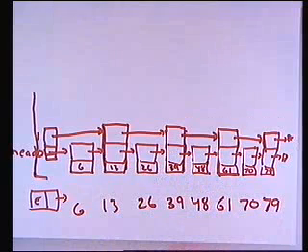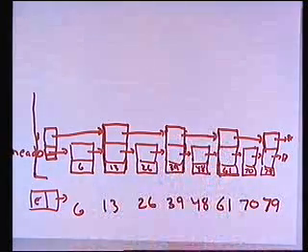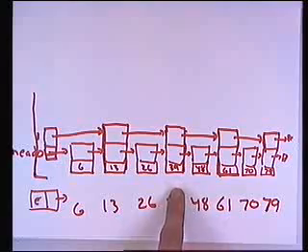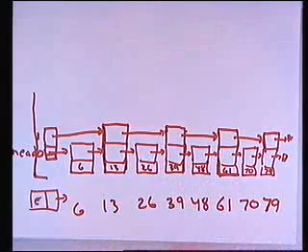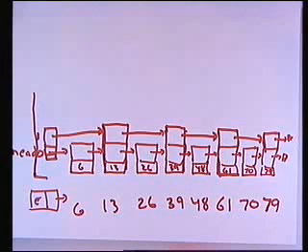So if I want to find 48, and it may well be in this list, and of course you can see it is, but we wouldn't know that yet at this point, it means it's between the node I'm on now and the next node in the level 1 list. It's between 39 and 61. And since I'm skipping over some nodes, it's possible that 48 is in some node that can be found in a lower list.